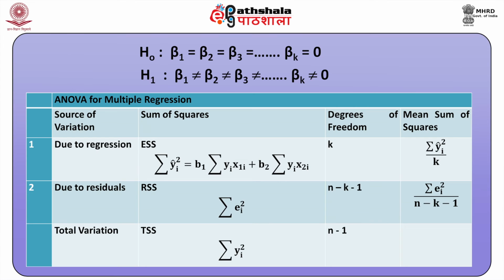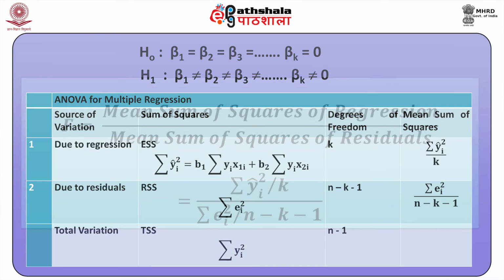Degrees of freedom is k and mean sum of squares is sigma yi cap square upon k. 2. Due to residuals, RSS, sigma ei square, with n minus k minus 1 degrees of freedom, and mean sum of squares sigma ei square upon n minus k minus 1. Total variation is equal to TSS, sigma yi square, with n minus 1 degrees of freedom.